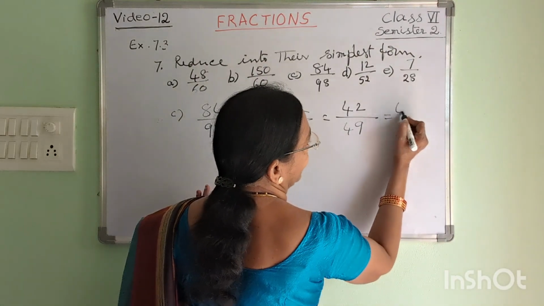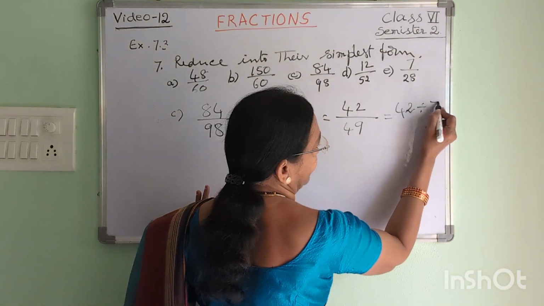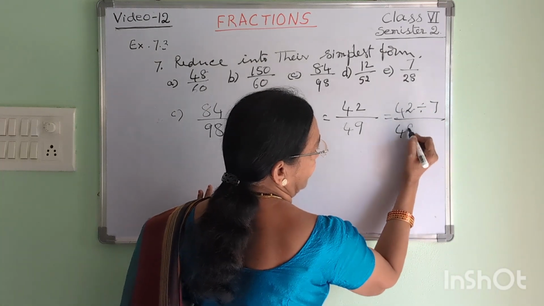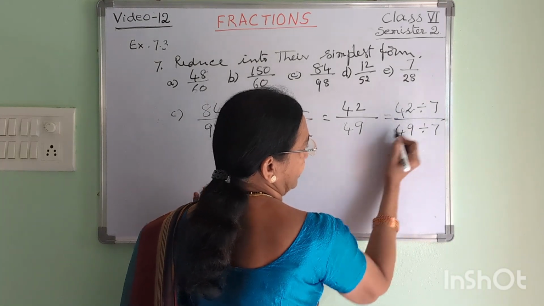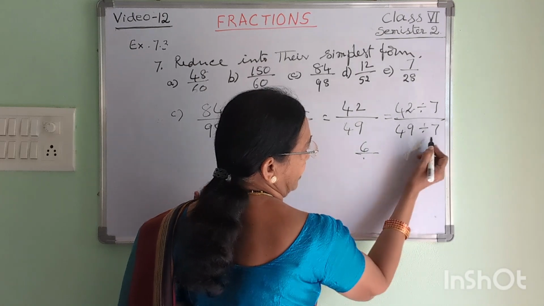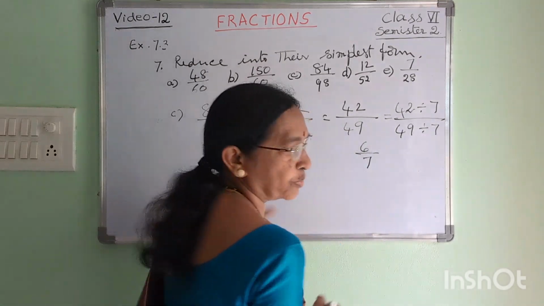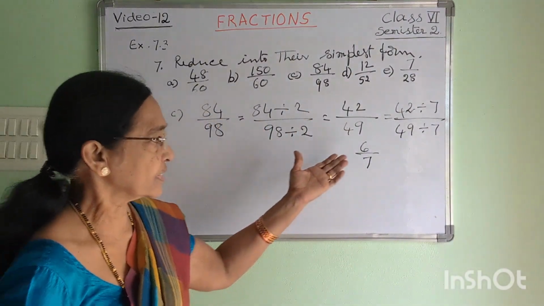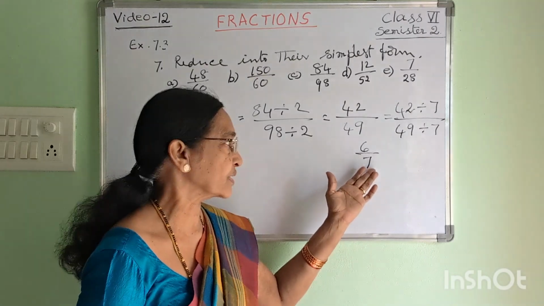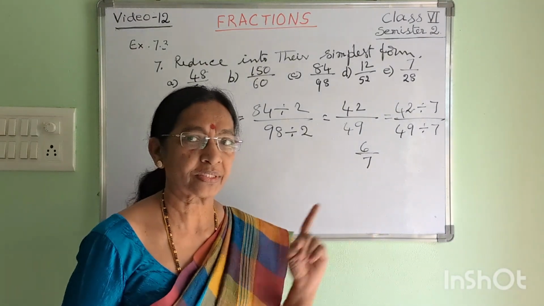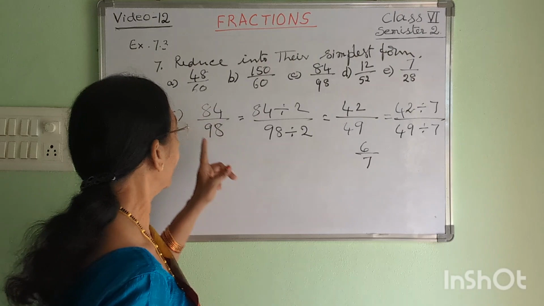So dividing both by 7, 42 divided by 7 and 49 divided by 7, that is 6 by 7. So it is the simplest form of the fraction because only 1 is its common factor.